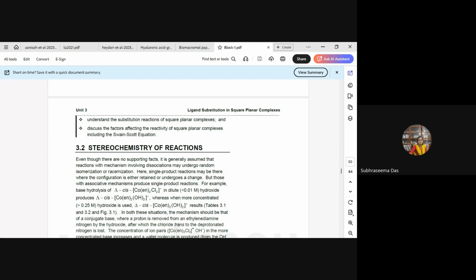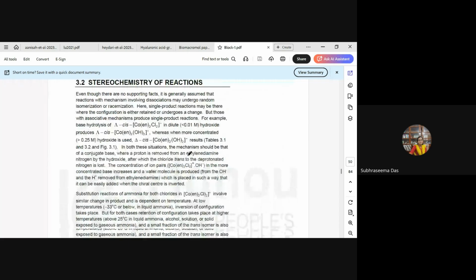So first, to begin with, particularly for square planar complexes, stereochemistry is actually important because it has been generally assumed that the reactions with dissociation mechanisms mostly undergo isomerization or racemization. Because such reactions undergo isomerization or racemization, we see there is a change in the stereochemistry of the reactions.